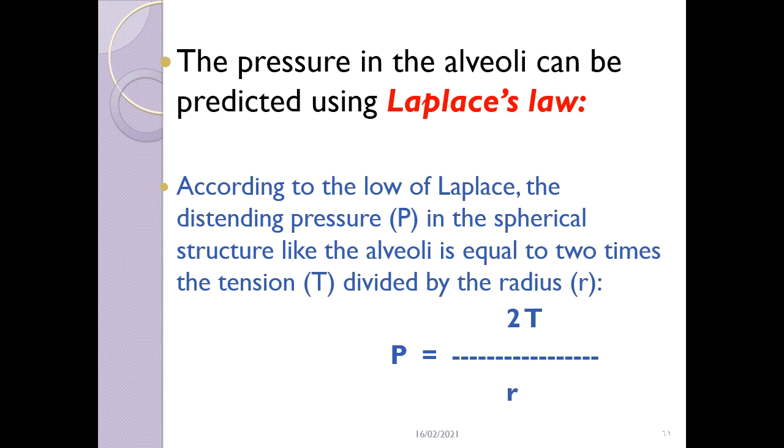The pressure in a spherical structure like the alveoli is equal to 2 times the tension divided by the radius, where the radius is that of the alveoli and the tension is the surface tension.